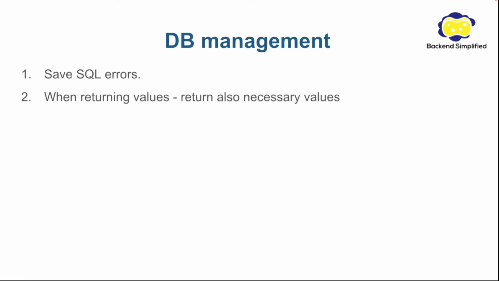The second step is to return only necessary values. You need to think that if you don't expose a column or information, the attacker doesn't know this information. So if, for example, I want to expose a unique identifier for my entity, let's say I have a table of users and I want to expose a unique attribute that in other routes you can use in order to update the values of the users, I can do it in two ways.